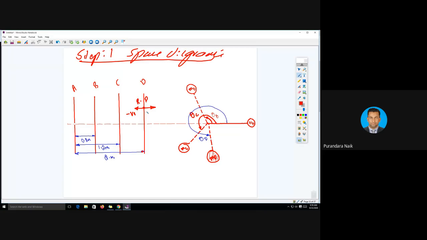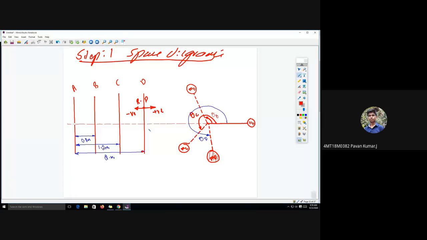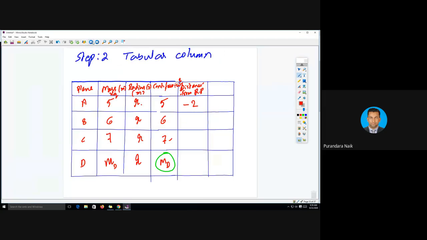Negative, positive. Okay, first one, the reference plane to A. Distance from reference plane to A is 2 meter, right? Minus 2 meter. Then D to B is 2 meter minus 0.8, 1.2.